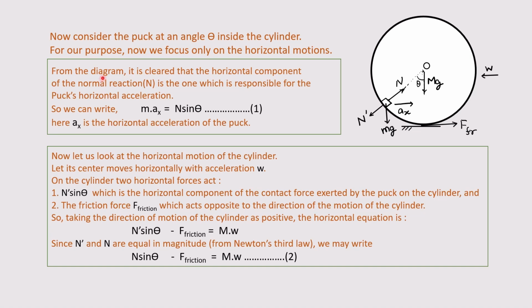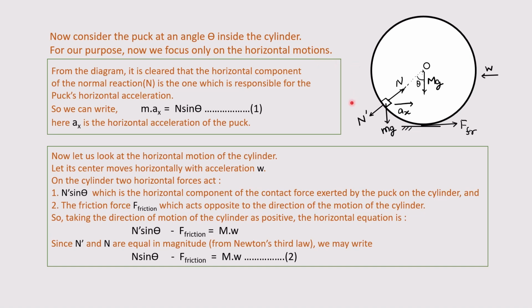Now let us consider the puck is at an angle theta inside the cylinder, as you can see in this picture. For now, our purpose is to focus only on the horizontal motion of the system.